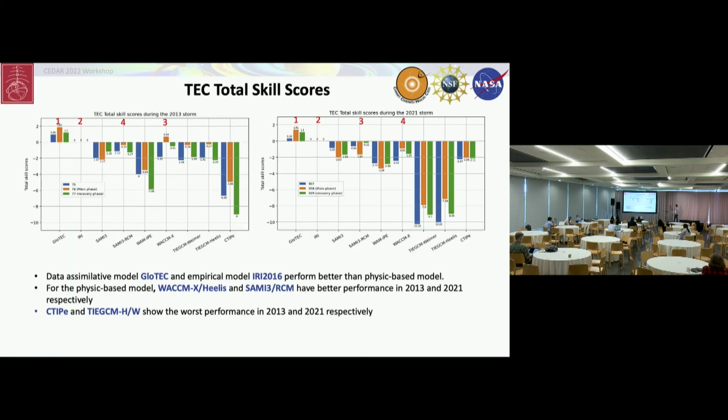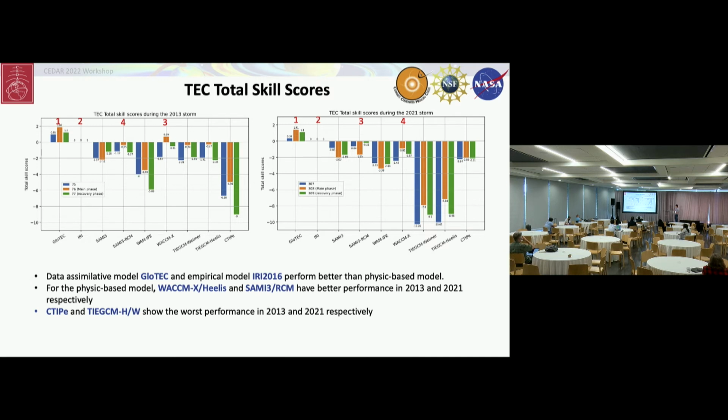And so we calculate the skill score to evaluate which models show the best performance during the solar minima and moderate solar fast years. Here on the left shows the 2013 storm time and the 2021 storm time. The number means the order, which one shows the best performance.